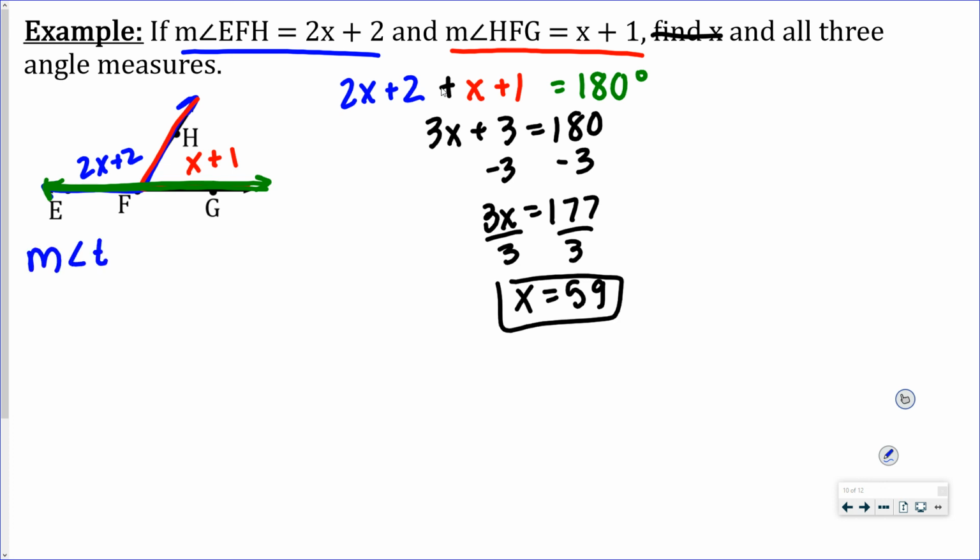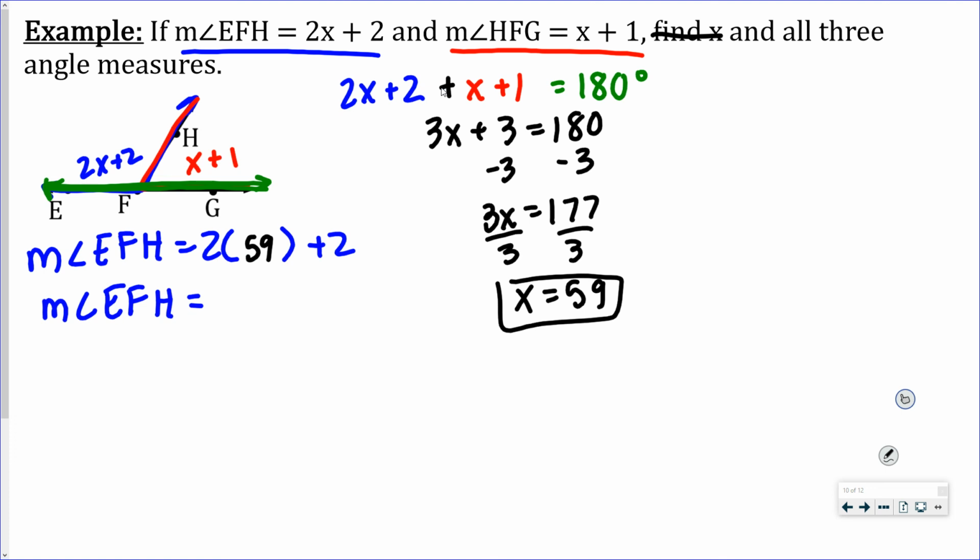So I'll start with my blue one here, EFH, which is 2x plus 2. x is 59. Somebody crunch that one number for me, please. 120, thank you.